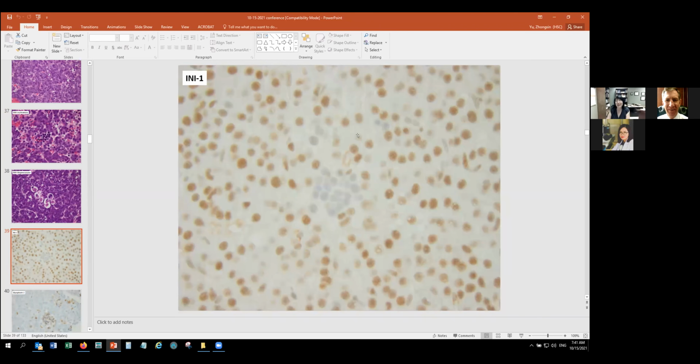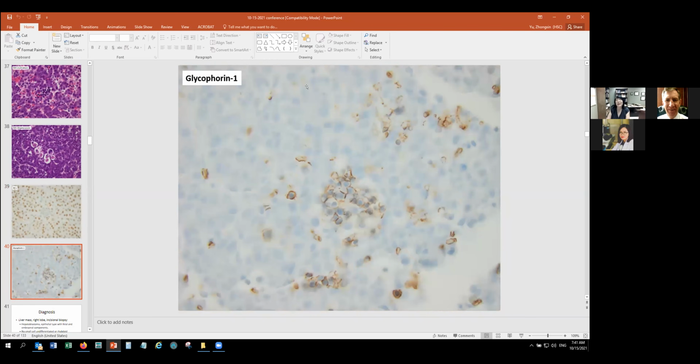So why does this have lost INI1? At that time I asked, is this small cell or not? I have to confirm this is not small cell. So I did glycophorin, which highlights the erythroid precursor membrane. It confirms this is really extramedullary hematopoiesis, erythroblasts. It's not a small cell.